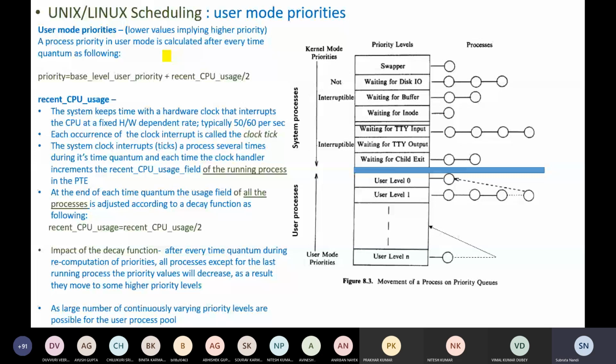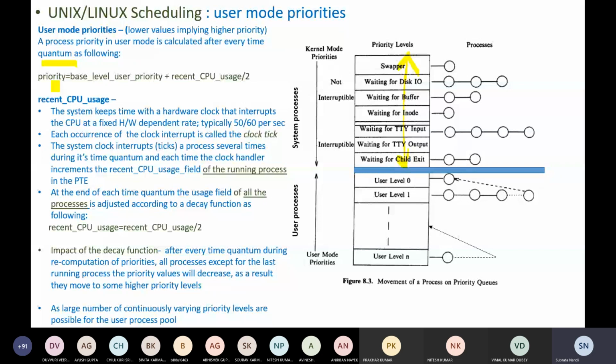The kernel priority calculation is fixed one time, but the user level priorities are recomputed periodically, after every time quantum. Why do you recompute? Because there is a chance that their priorities get changed, and you can find a new process which will be scheduled.